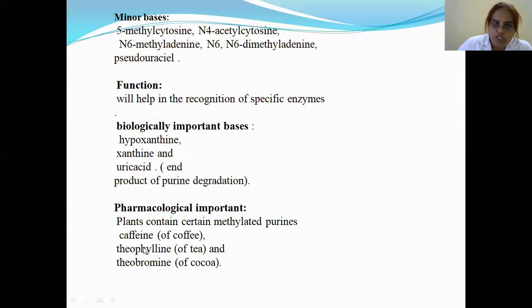Theophylline is a purine that is present in tea. Theobromine is present in cocoa. So caffeine, theophylline, and theobromine are the methylated purines.